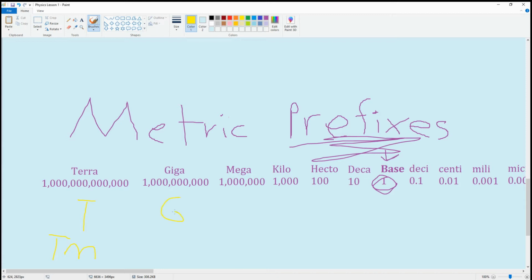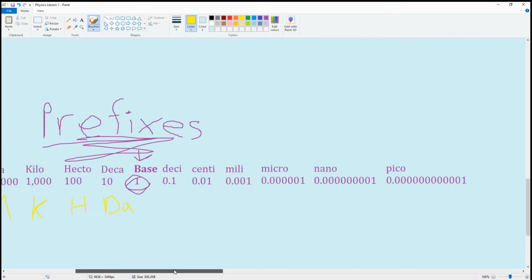Moving on, we have giga, G, mega, M, this is a million, kilo, k, hecto, h, deca, da. We use da for deca because over here on the smaller end of the scale, with units getting smaller and smaller, we have a regular d for deci, a c for centi, m for milli.